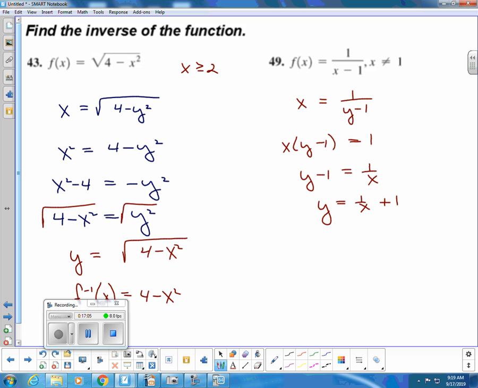Okay, so that is your inverse. You could jazz it up and put it over the greatest common denominator. So that would be your final answer if you got the common denominator. That would be it, our inverse. Okay.